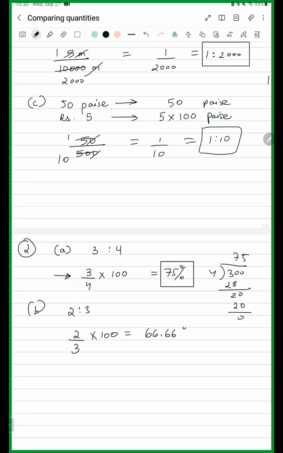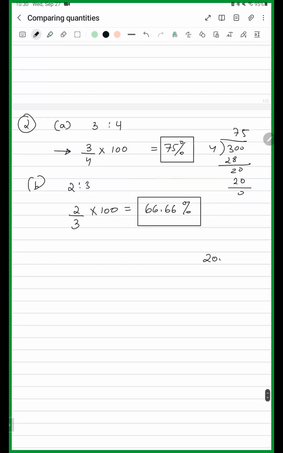Can you show how we get the point in the division? Sure. This will be 200 by 3, right? So 3 sixes are 18, and then 2. Now here we are getting the remainder as 2. We have to keep moving. So point and then 0.